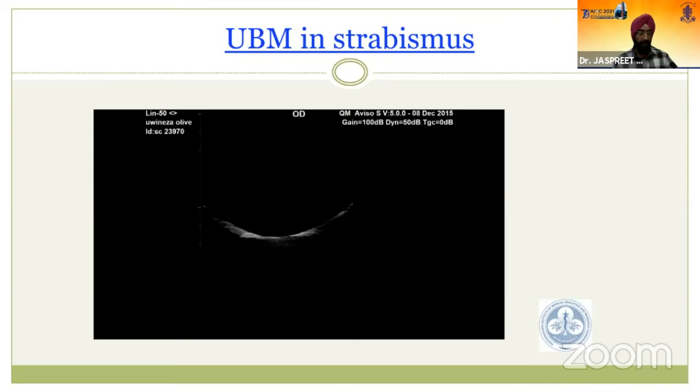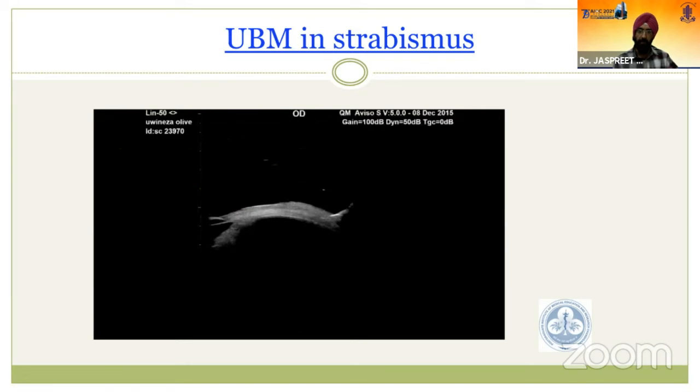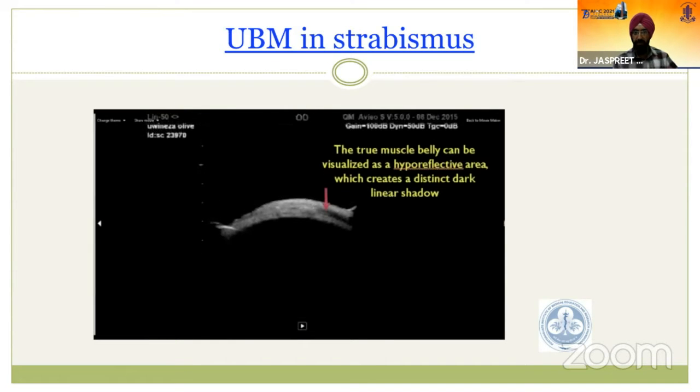So just to give you a little real-time scenario of what happens, this is the UBM. This is the area where we go, the area between the stroma and the sclera. So it's hyporeflective, and a reflective sclera. Once you go posteriorly, you start seeing a shadow, a hyporeflective area. This is a linear shadow.